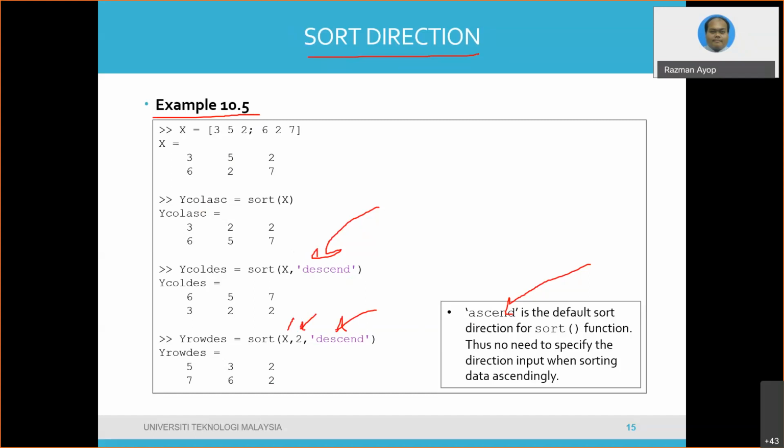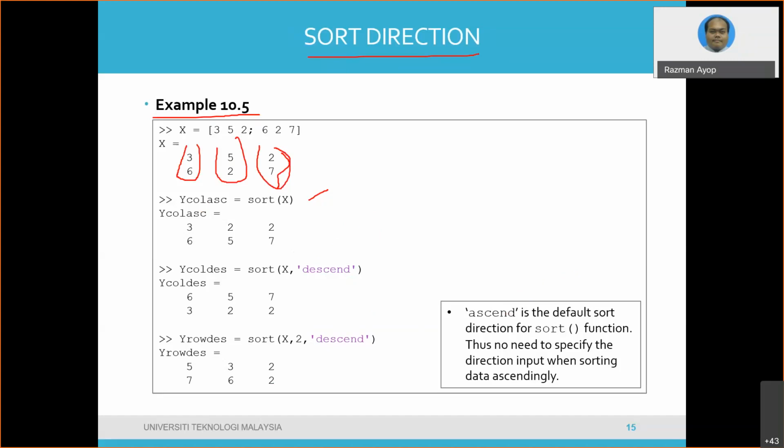So let us analyze this. You have this data. If you put sort, automatically it will sort according to column. Remember, sort according to column.